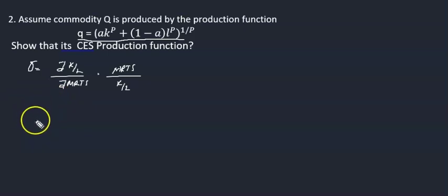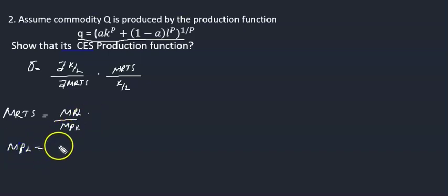So let's first of all work on MRTS, which is just the marginal product of labor over the marginal product of capital. The marginal product of labor is equal to the differential of the production function with respect to L, which is equal to, we drop the power 1 over P, then we copy the things inside just as they are.